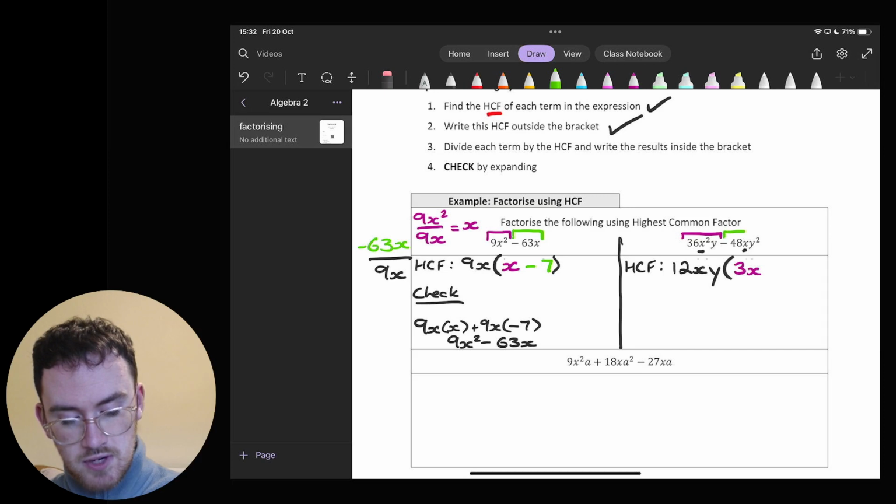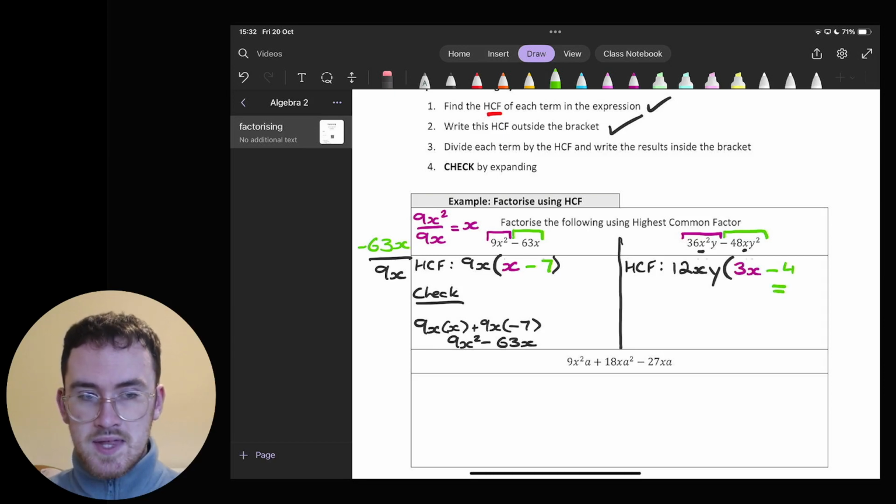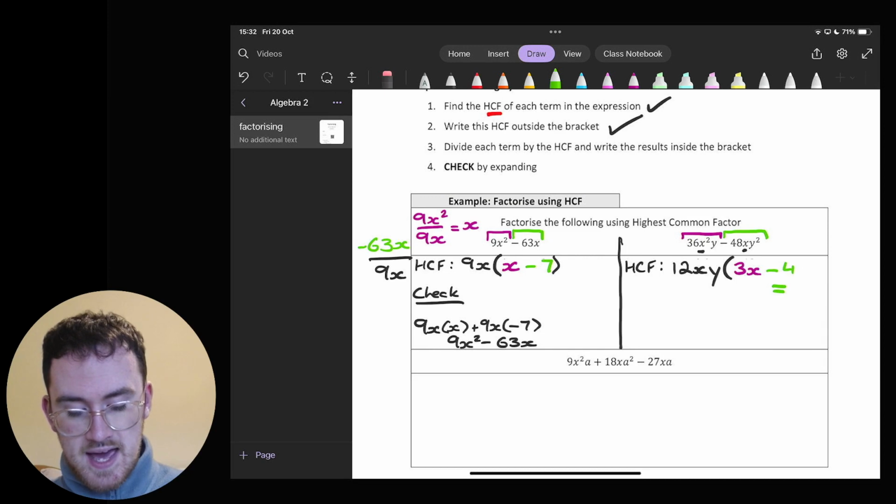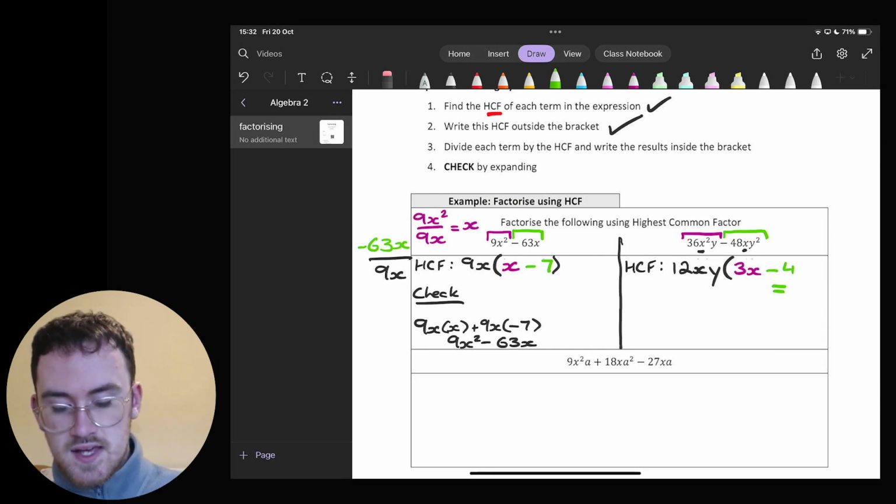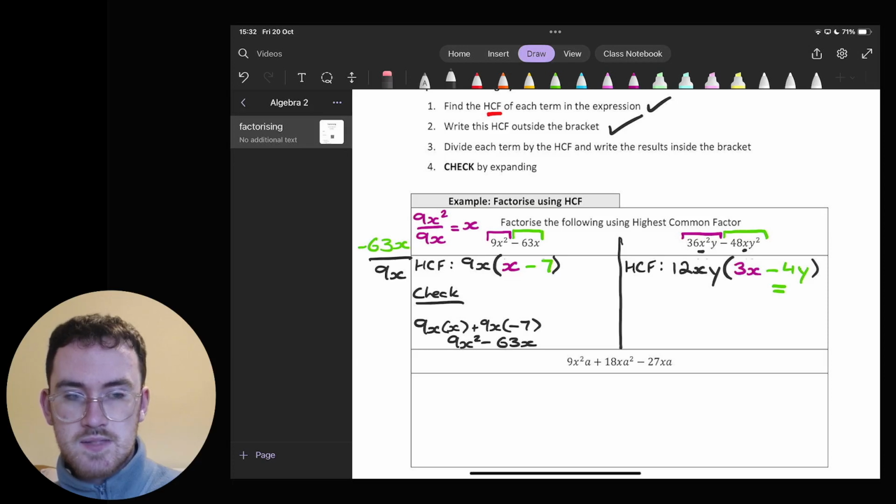Looking then at the second part, minus 48 divided by 12 gives me minus 4. It's important that you remember that sign there. X divided by x gets rid of the x's, and the y squared divided by y just gives me a y value. So I end up with 12xy multiplied by 3x minus 4y.